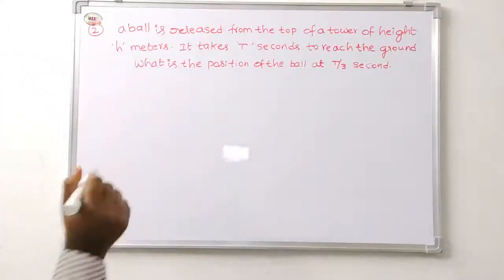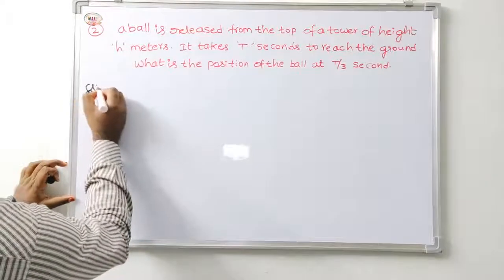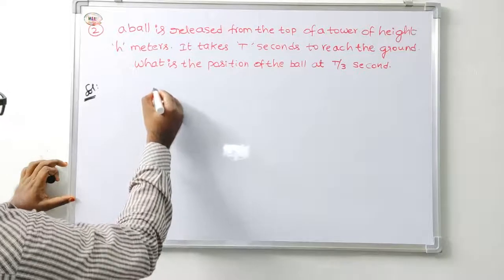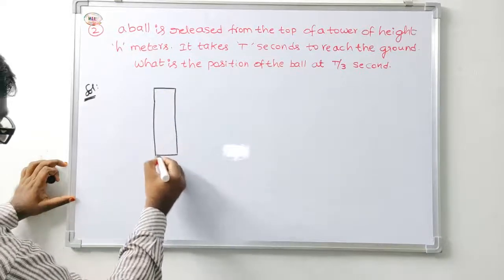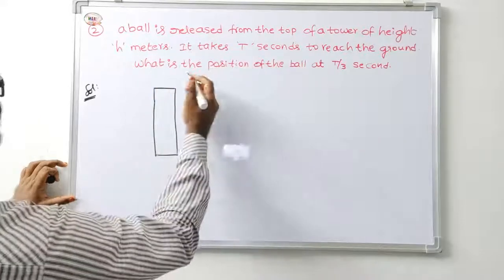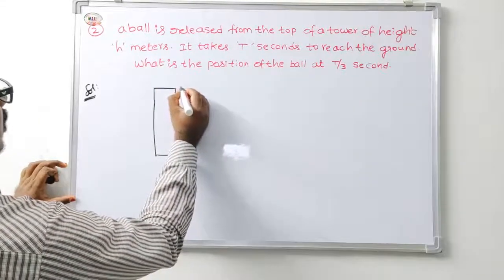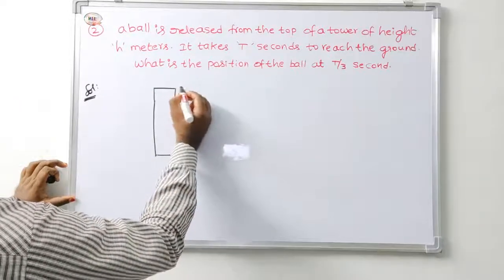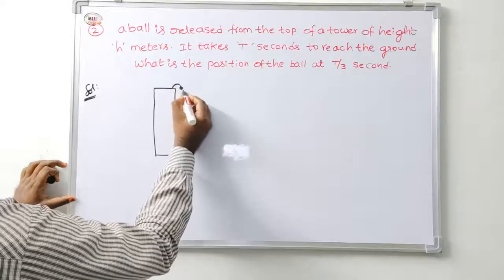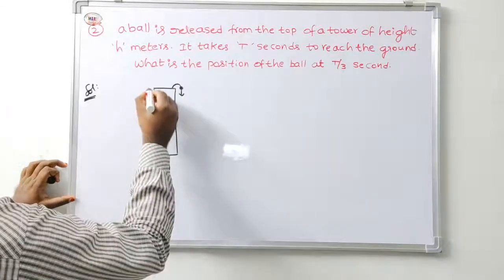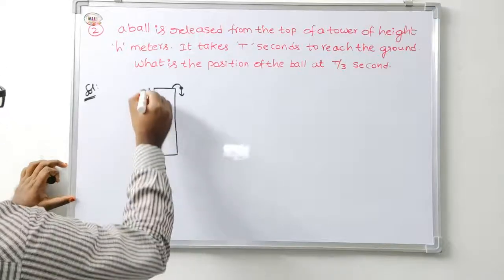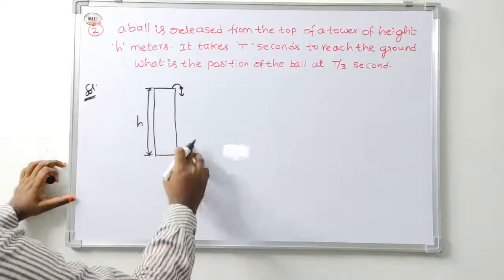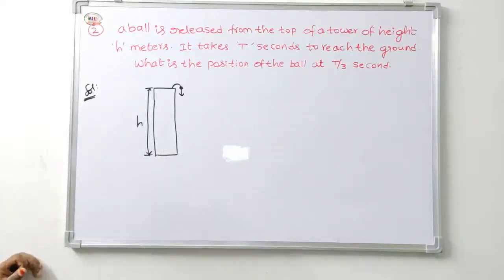Okay, this is a ball released from the top of a tower. The total height of the tower is h. The total time taken is T seconds.